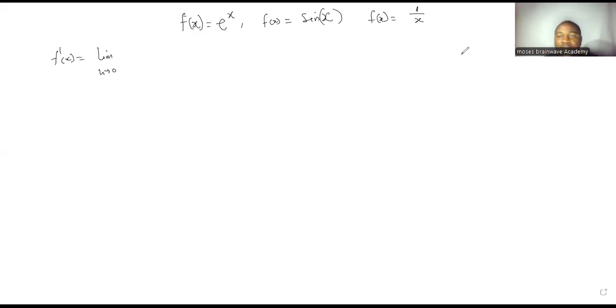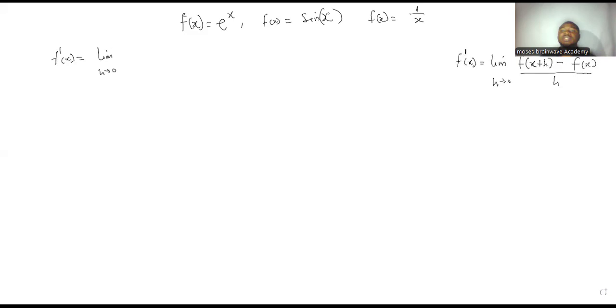Remember, our f prime of x is the limit as the change in x, or h, goes to 0 of the function evaluated at a step further, minus our initial function, upon h, right? So this is very simple.